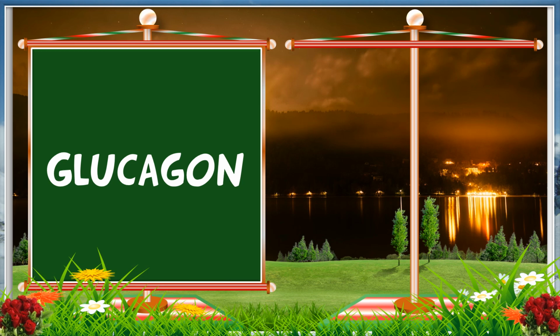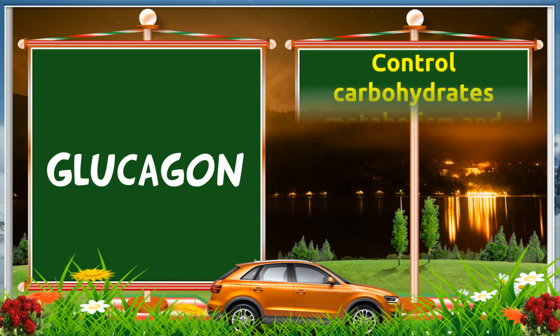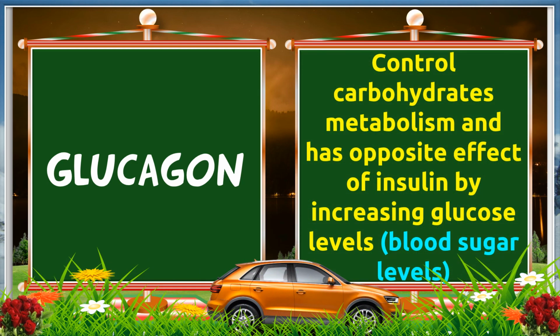Glucagon controls carbohydrate metabolism and has opposite effect of insulin by increasing glucose level, that is the blood sugar levels.